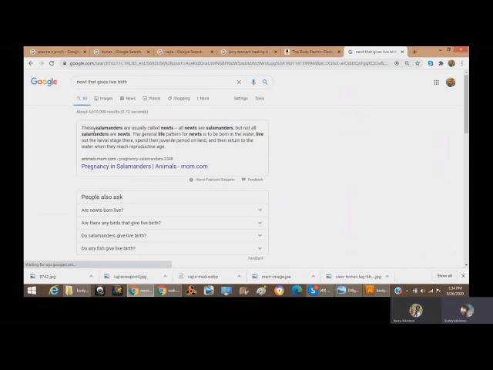Salamanders. These salamanders are usually called newts. All newts are salamanders, but not all salamanders are newts. That reminded me of, like, not all Muslims are Islam, but all Islams are Muslim, or something. Someone once told me that. I'm like, wait a minute, how does that work? I guess anything can work, really.